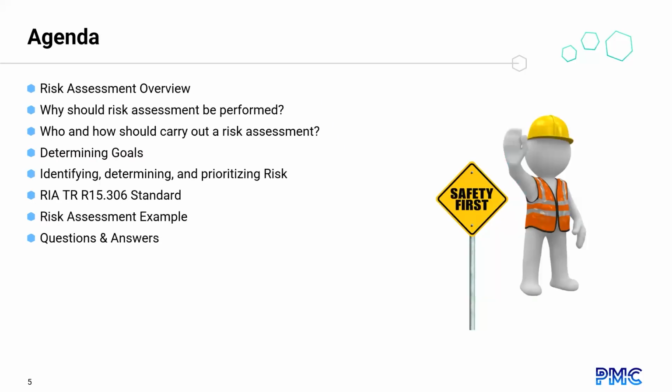So that's our agenda for today's webinar. We are going to start with an introduction, an overview of what risk assessment is, why and who should carry out the risk assessment, how to carry out the risk assessment, determining goals for the risk assessment process, identifying hazards, determining and prioritizing risks. We also cover the RIA TR R15.306 standard.